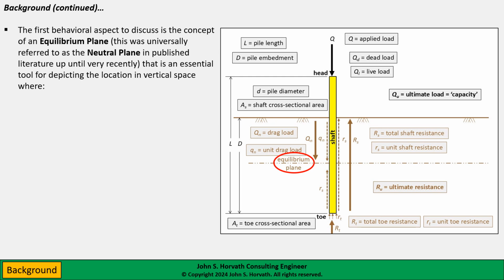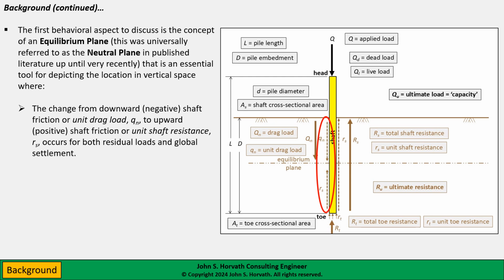For decades before that, Fellenius and others were using the term neutral plane. So these mean the same thing. I think equilibrium plane is actually a little bit better term because it really focuses on what is going on, as I will get to in a bit.